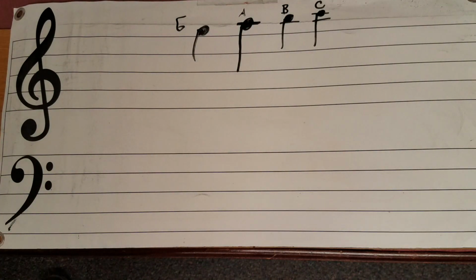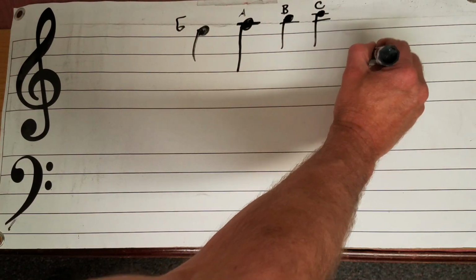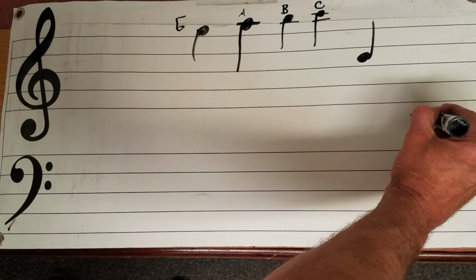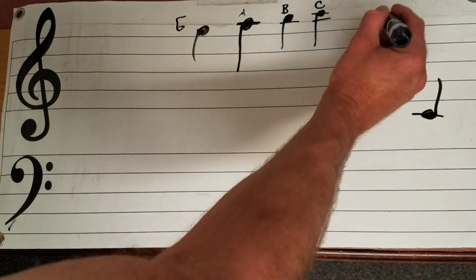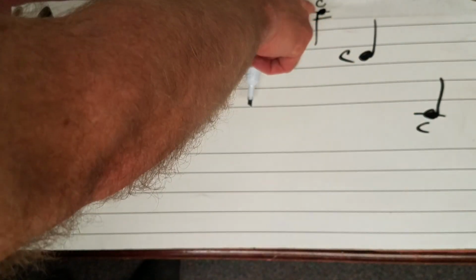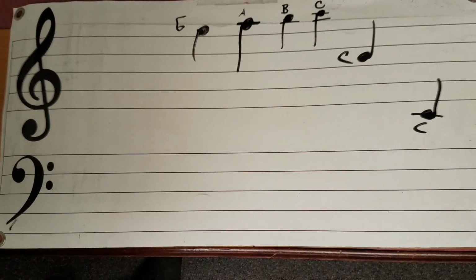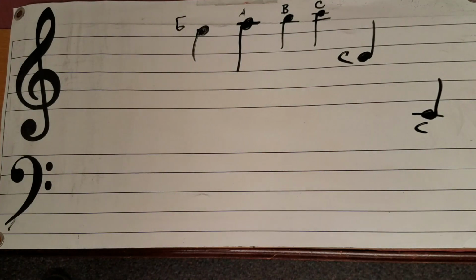Now, for those of you who have been watching the other lessons, you know that we have a C right here, and you also know that we have, of course, what we entitle middle C. So we have a C here and a C here. This is yet another octave, that is 8 steps away from the C, and this is a really high C. For those of you who watch my piano videos, you would know also how this corresponds to the keyboard.